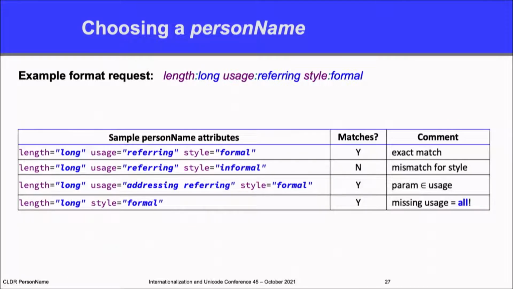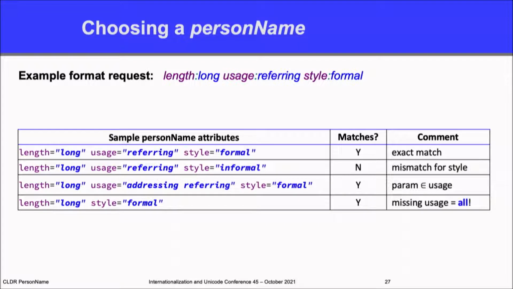So here's an example request. I'm asking for long, referring, formal. If the formats I hit actually have long, referring, and formal, I have a match, so I'll go ahead and use that. But if that isn't defined, and I see, let's say, long, referring, informal, I don't have a match, so I'd have to skip that.